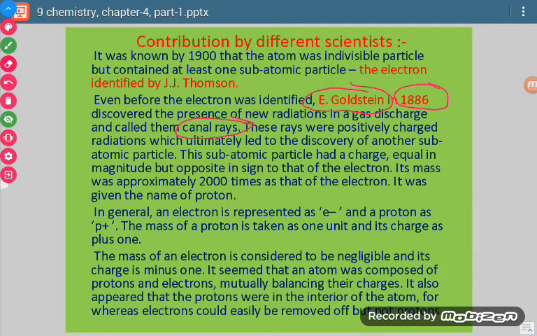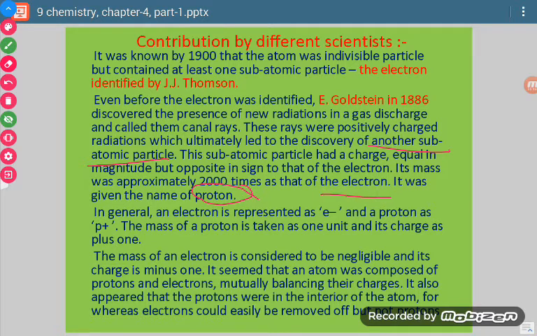These rays were positively charged radiations, and it was found after study that these rays consisted of another subatomic particle, and that subatomic particle was named proton. Okay, now if we compare electron and proton, then the mass of proton was 2000 times the mass of electron.